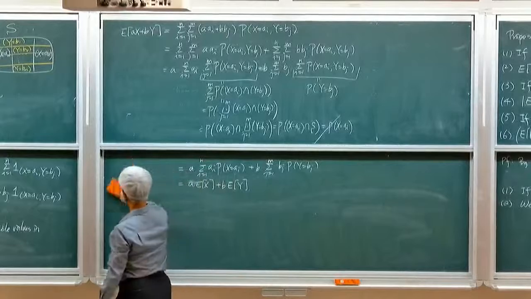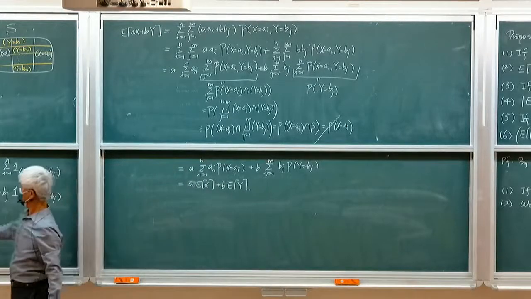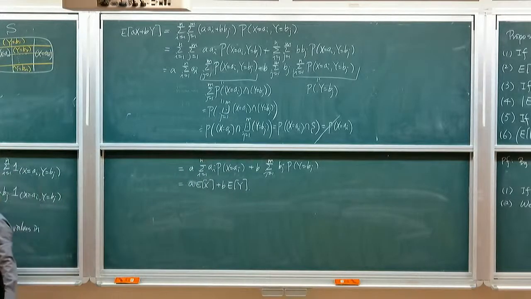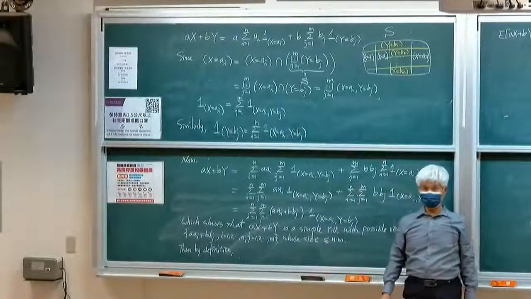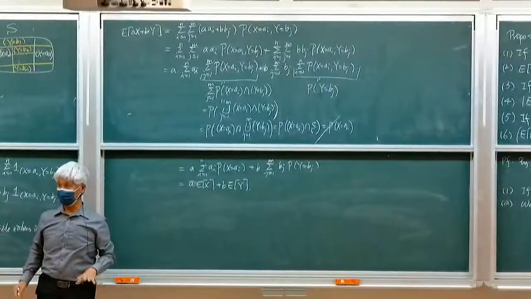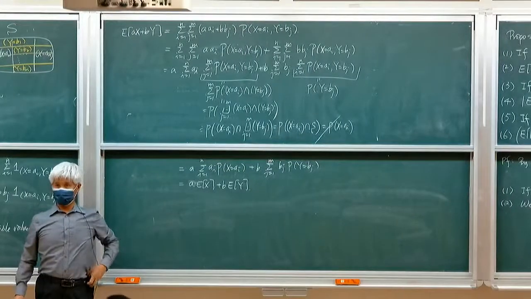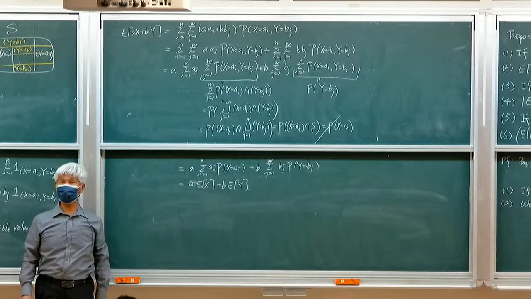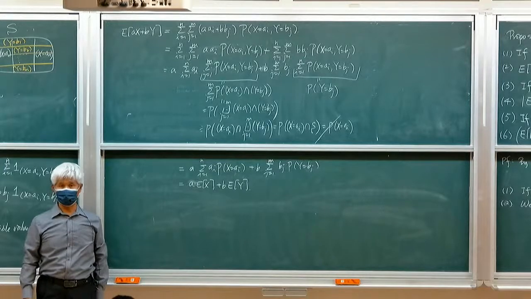Once we prove that this linear combination is a simple random variable, then the following calculation becomes straightforward.